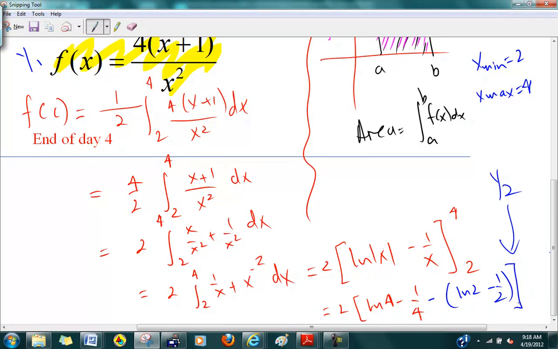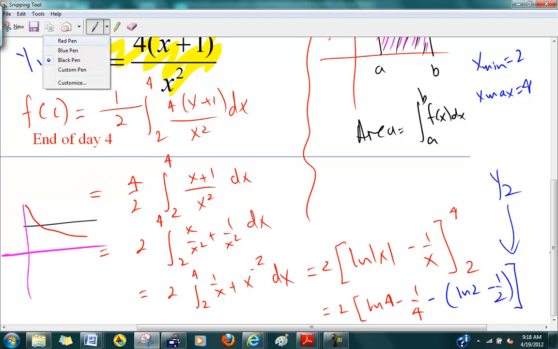Your graph should look something like this, the red line and the black line. Now what I want you to do is find the area underneath the red curve.